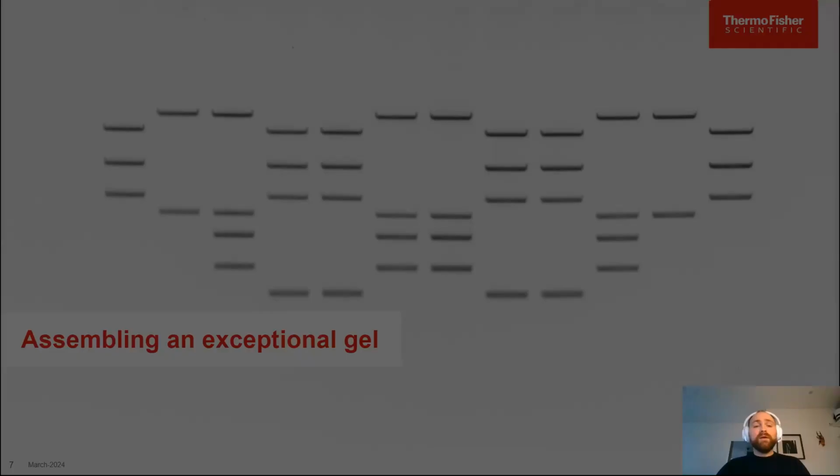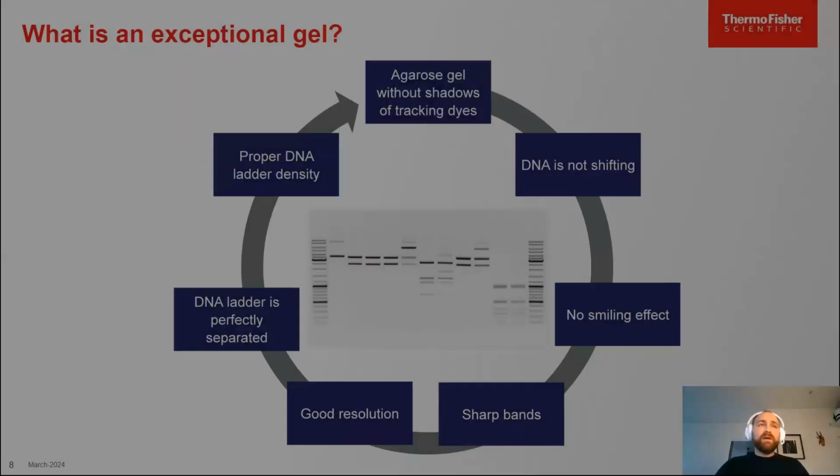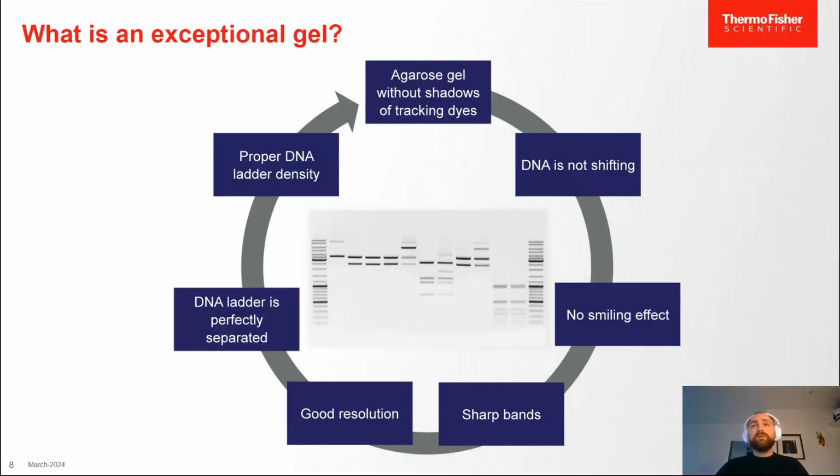Considering the multi-step process of pouring your own gel that we saw previously, let's see how we can achieve an exceptional gel. There are several elements that we need to consider. We want an agarose gel without the shadows of tracking dyes. We want the DNA to not be shifting in size. We don't want any smiling effects.